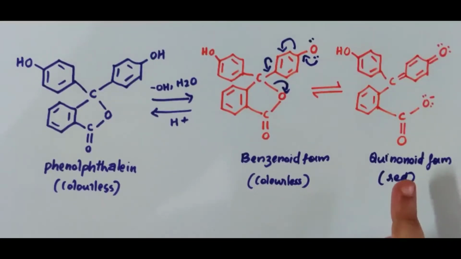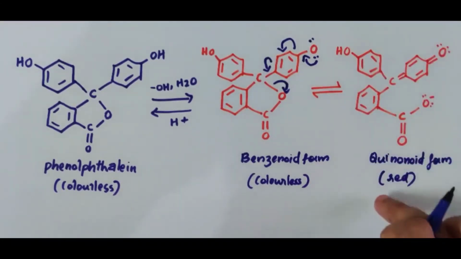This is due to the red quinoid form above pH 9.5. Above 7 it is basic in nature, that is, in basic medium it is red in color. Phenolphthalein shows red color due to the quinoid form.